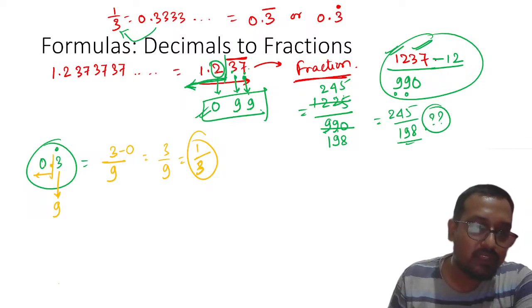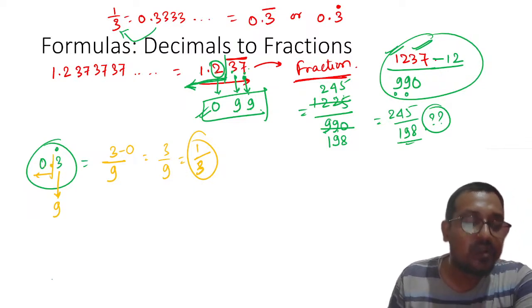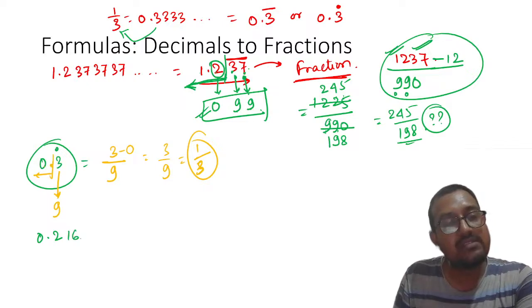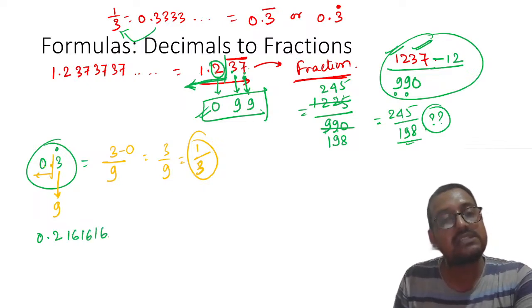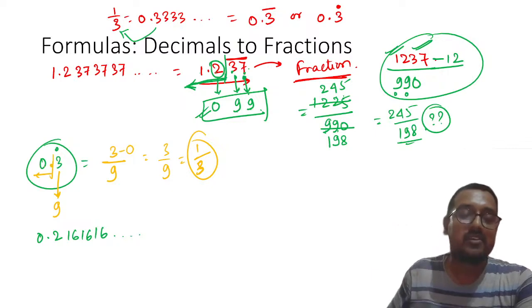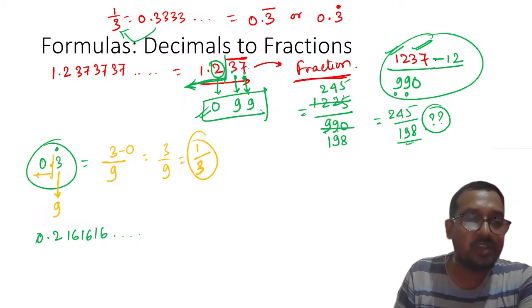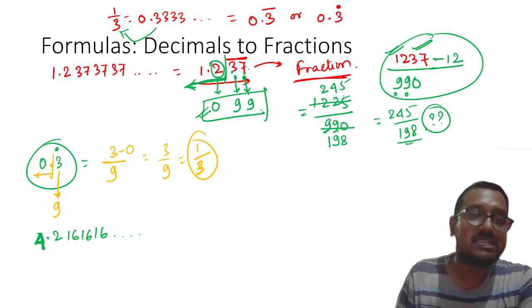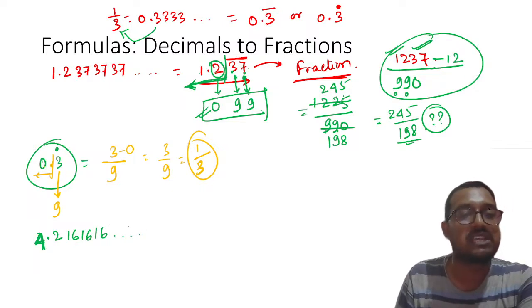Now there are a few more questions for you. 0.216, 16, and so on, it is repeating itself. Or maybe we can make it 4.2, 16, and so on. 16 will keep repeating.